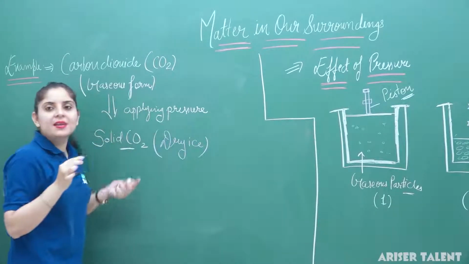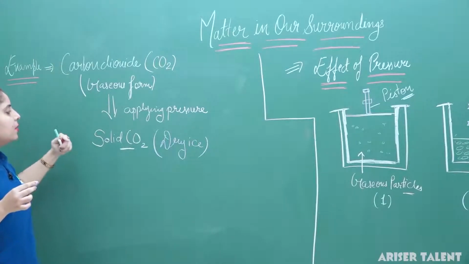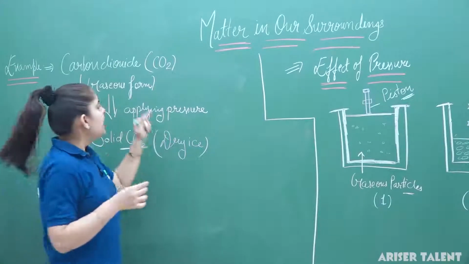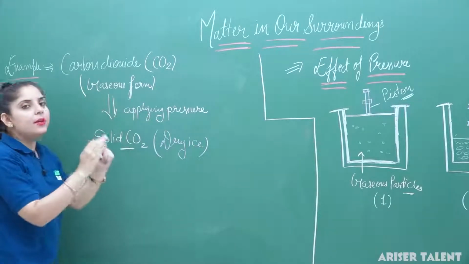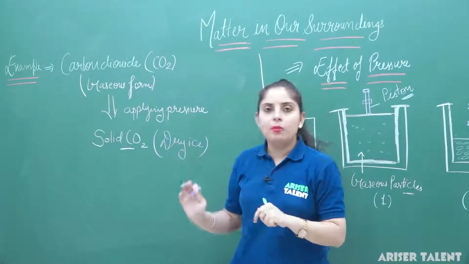It is known as dry ice, and this is a conversion directly from the gaseous to the solid form. It means there is no intermediate step, and the liquid form of the matter will not be achieved here.